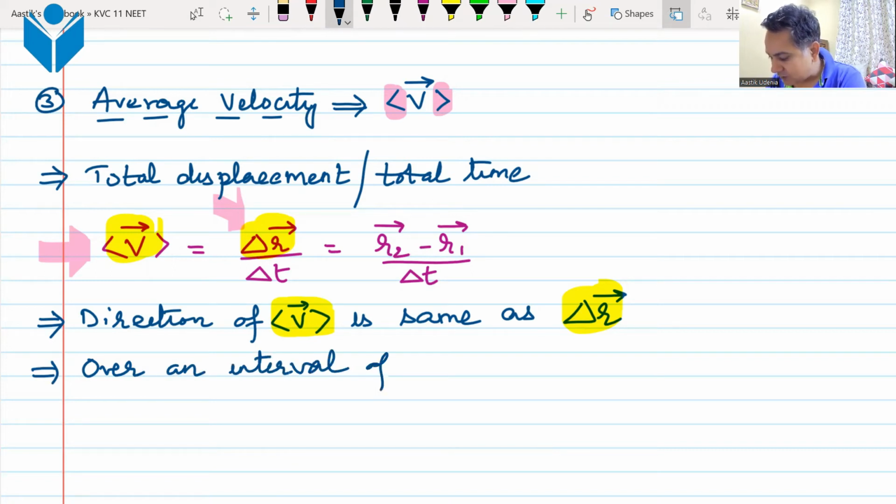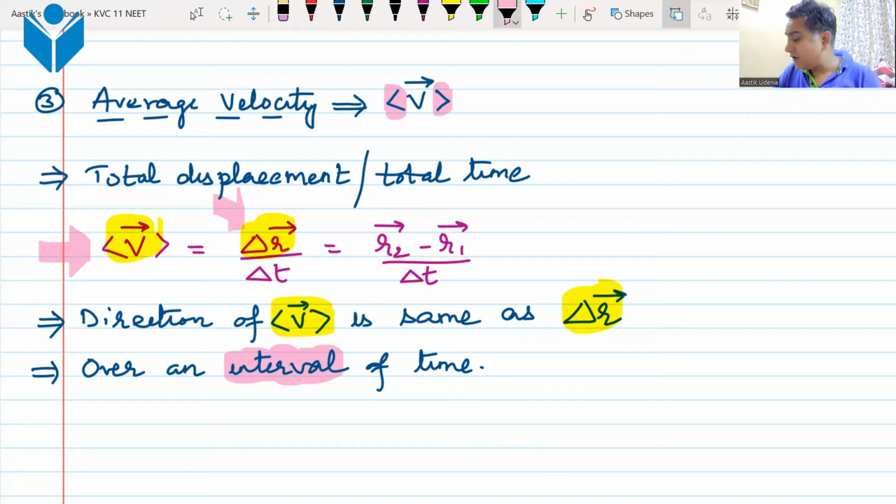Average of anything is always calculated over two instants or two points in space or two points in time. So this is a very important factor. Can I have raised hands from everyone that we all understand this?